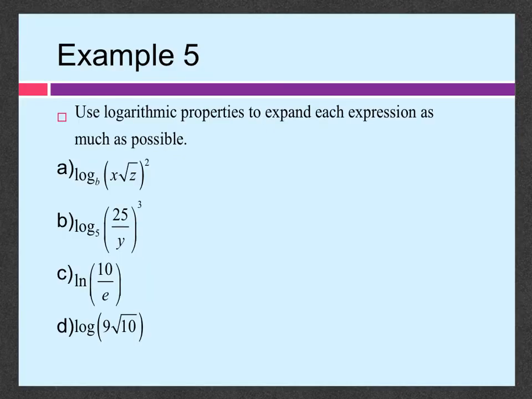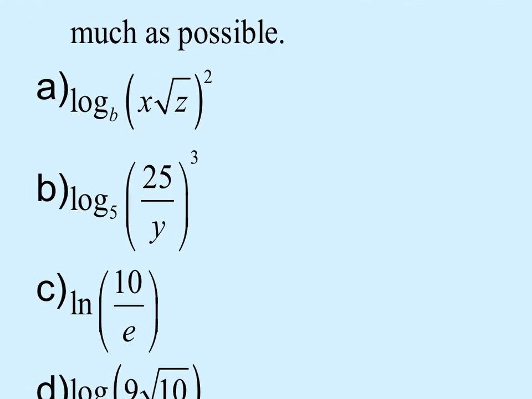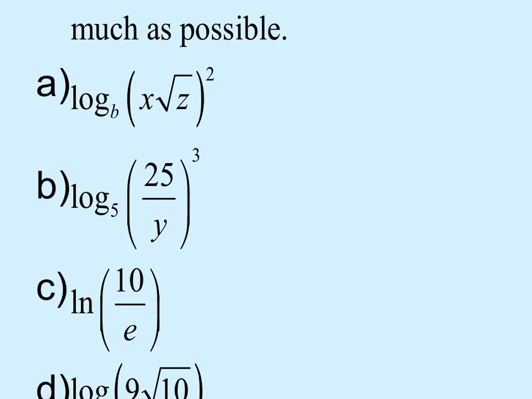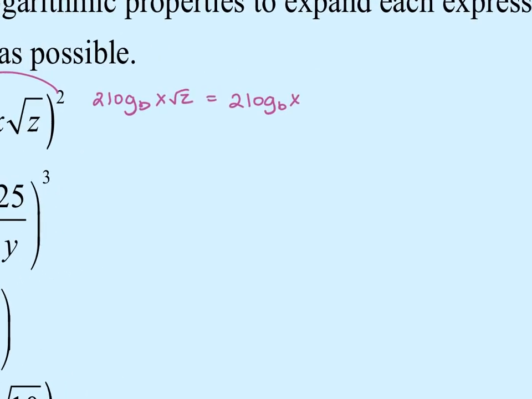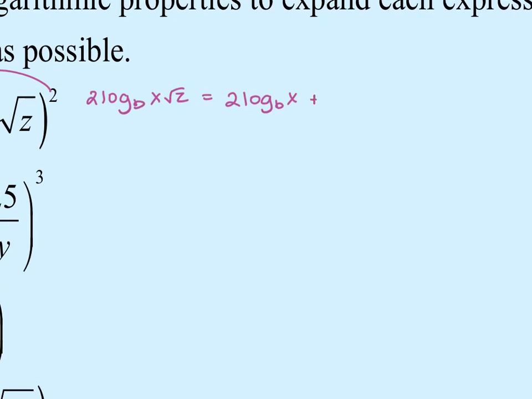All right, so same thing. It says use log properties to expand the expression as much as possible. So I'm going to expand. This 2 goes to the front, so it's 2 log base b of x square root z, which becomes 2 log base b of x plus 2 log base b of z raised to the 1/2.